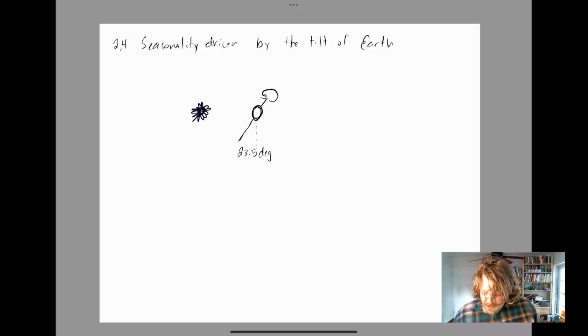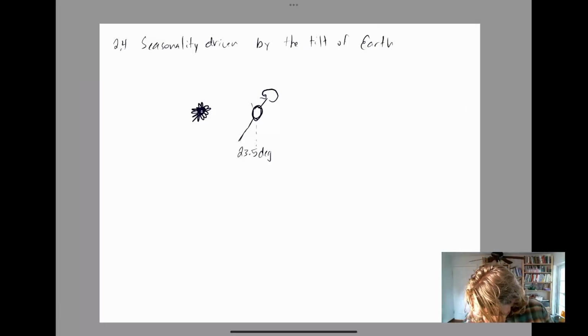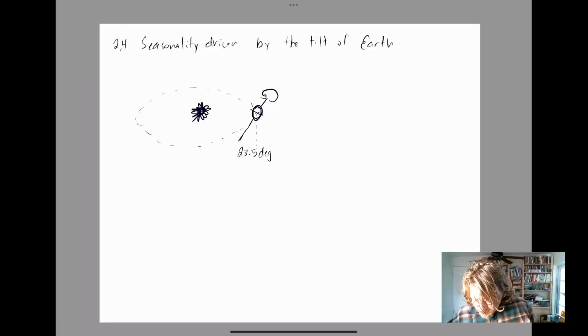Right? So the Earth isn't spinning perfectly up and down in the universe relative to its orbit, which is on this plane here. Instead, it's spinning relative to the orbit at a 23-degree tilt. And that means that at some positions in its orbit, the southern half of the Earth gets much more sun.